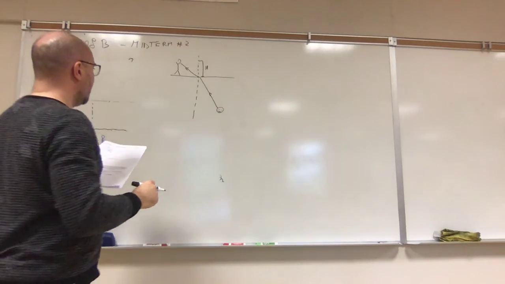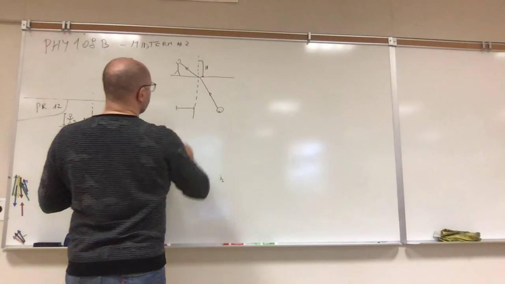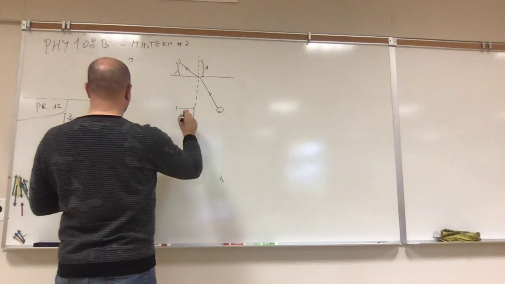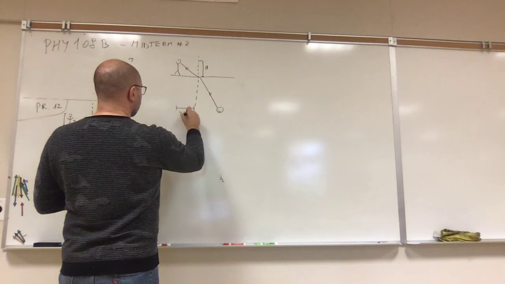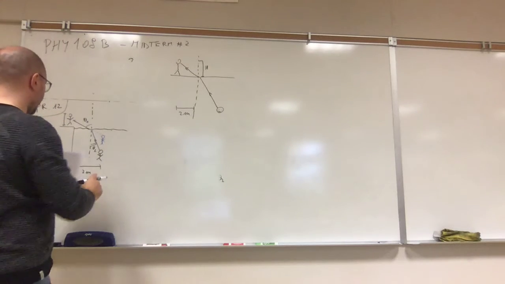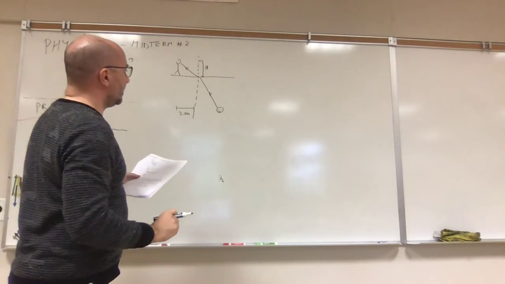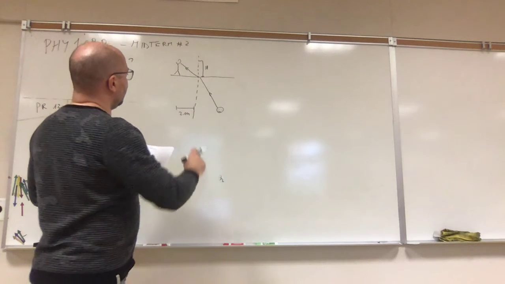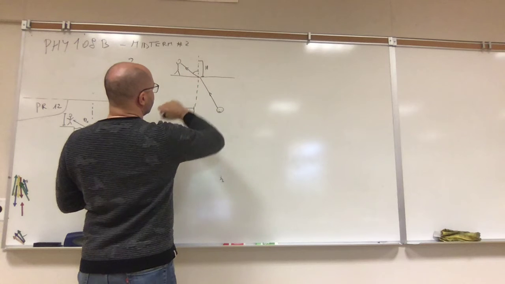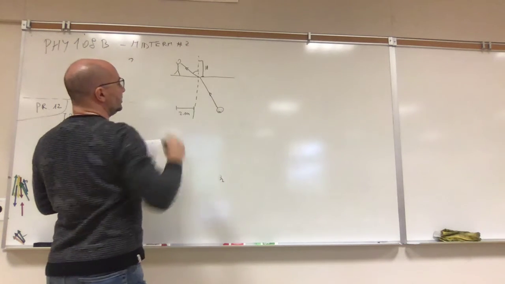We also know from the previous problem that the person is at 2 meters from the vertical. Actually, this was like here, sorry. So think about this. We have a triangle. We already know what this angle here is, right? So we have this distance, 2 meters.